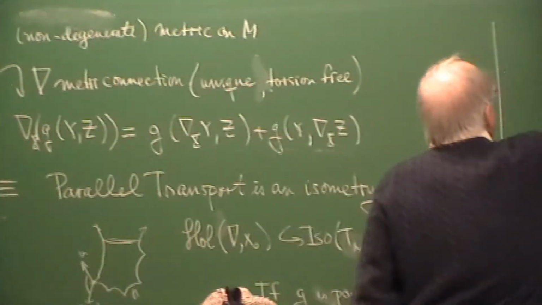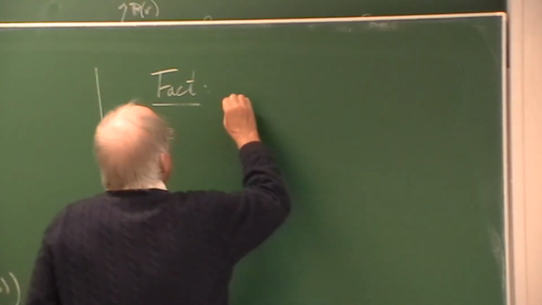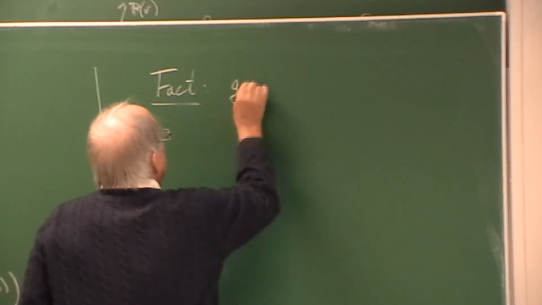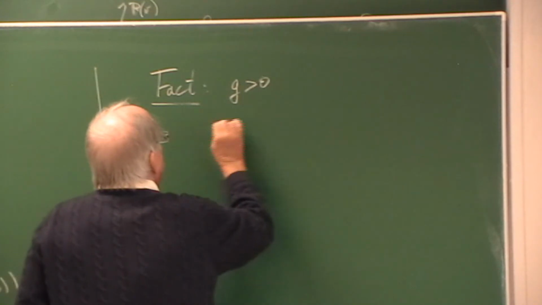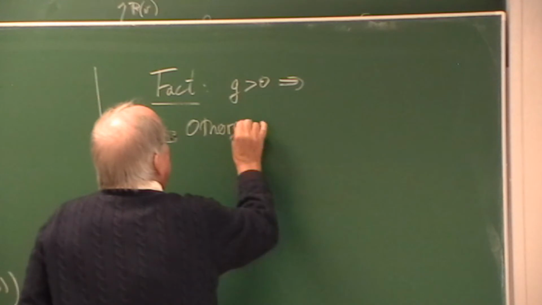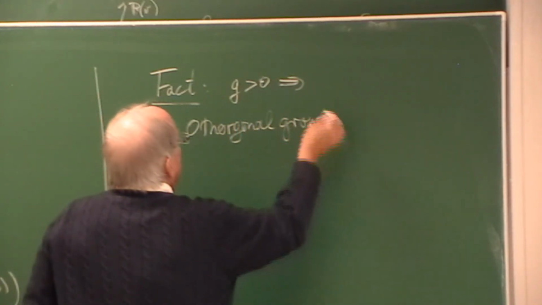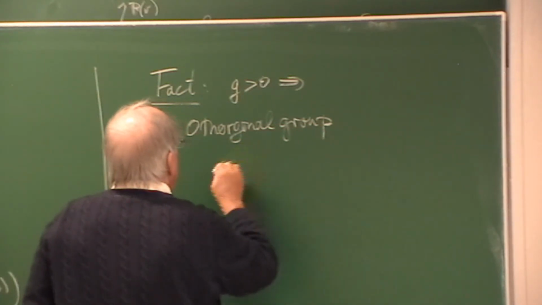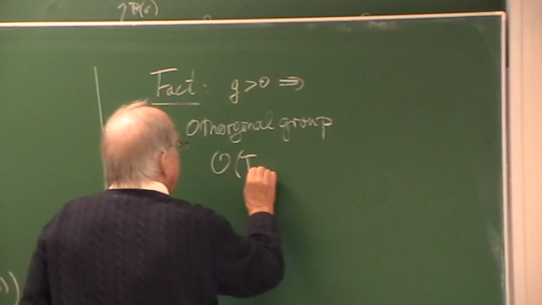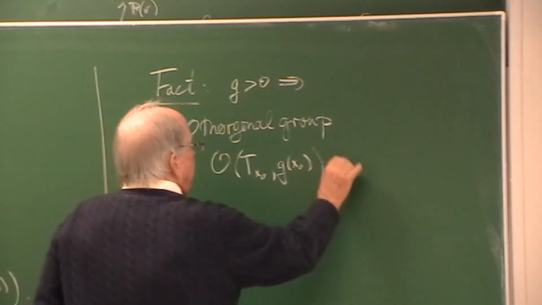So let me mention a fact. If g is positive definite, then the orthogonal group O of this thing, g of that thing, is compact.